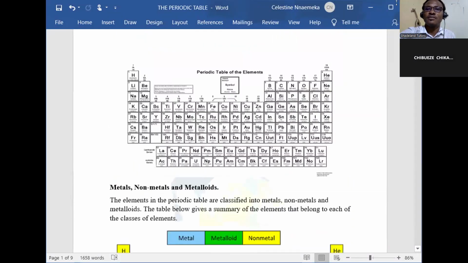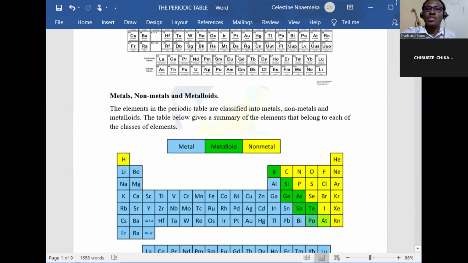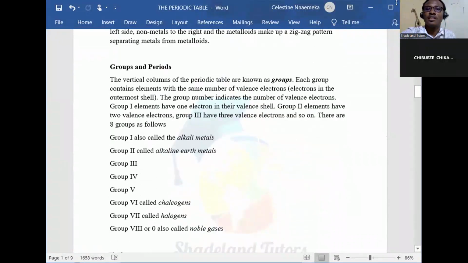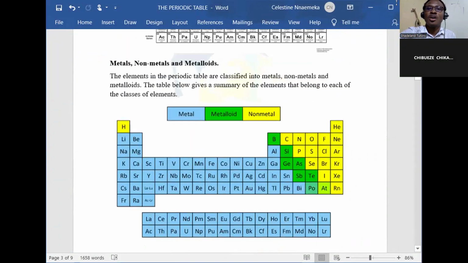Another question. Lithium is an element in group 1. What do we call group 1 elements? Don't answer. If I call your name, you answer. Nobody should say a word.